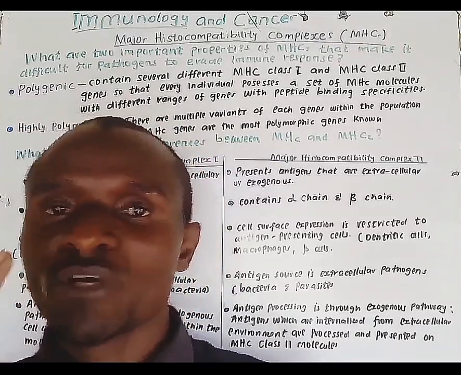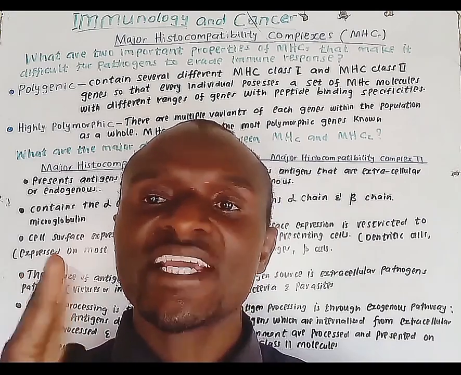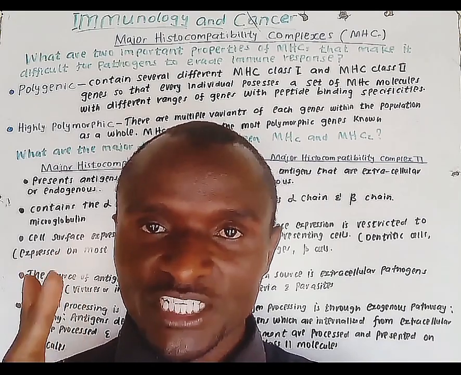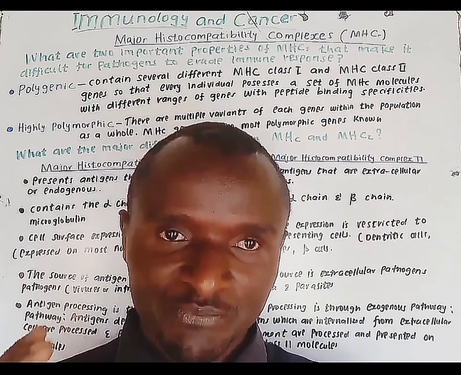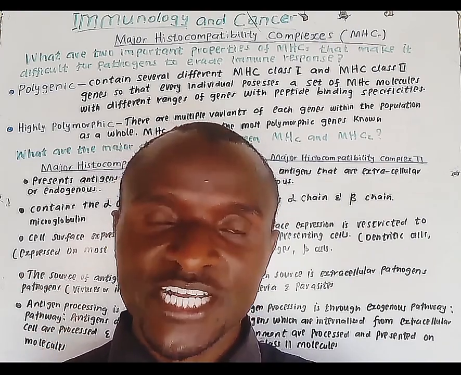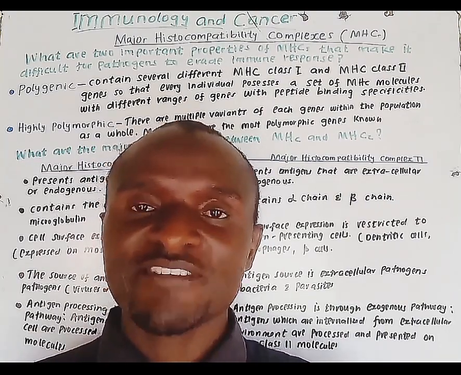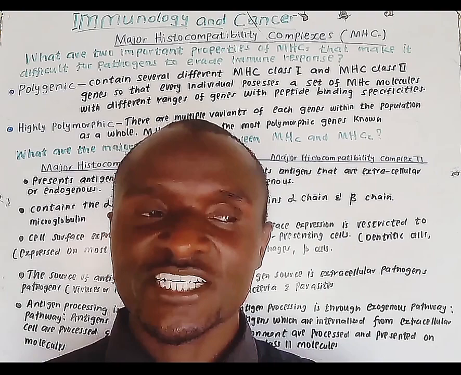There are two major properties of MHCs that make it very difficult for a given pathogen to evade the immune response. The first property is they are polygenic. MHC1 and MHC2 contain various different classes of genes.